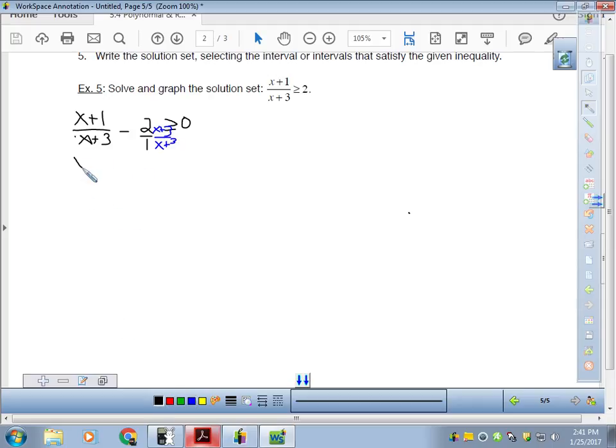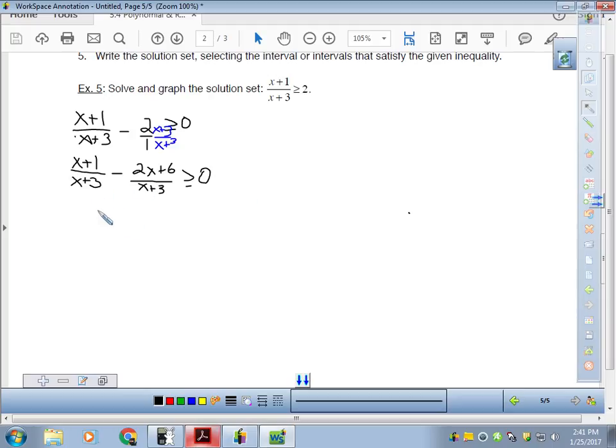So what I have is x plus 1 over x plus 3 minus 2 times x is 2x, and 2 times 3 is 6 over x plus 3, greater than or equal to 0.